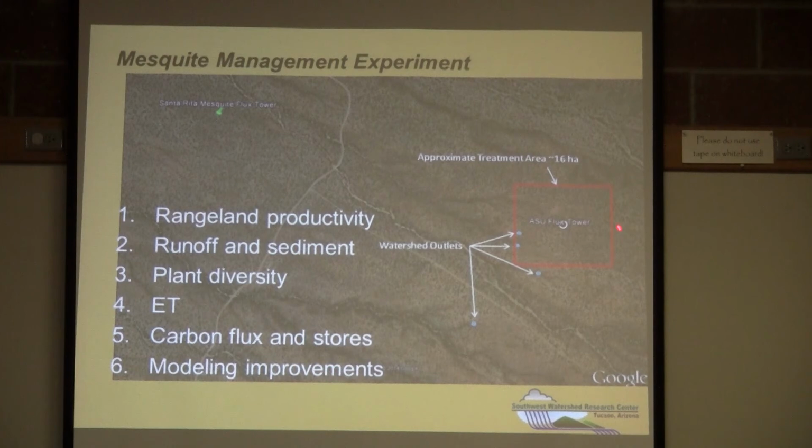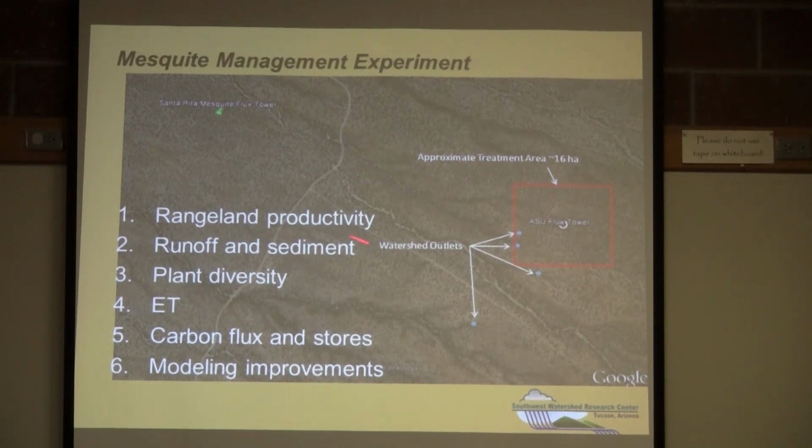And now if we do some mesquite treatment on this area, we hope to follow how that changes not just rangeland productivity, which has really been the focus of most brush management treatments, looking at forage production. We know there are a lot of other ecosystem services that are affected by brush management.